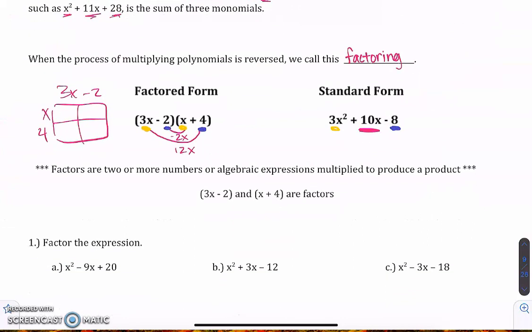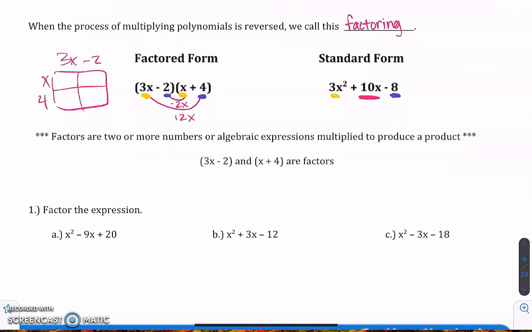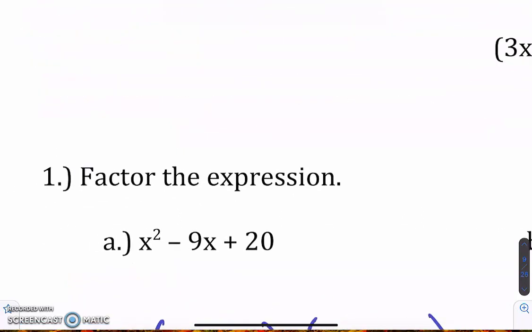So when you're trying to factor the expression x squared minus 9x plus 20, we want to get two sets of parentheses, each with a factor that if you multiplied them back together, we'd end up with what we started with here. So 20 is what you're trying to multiply to get, and negative 9x is what you're trying to add or subtract.